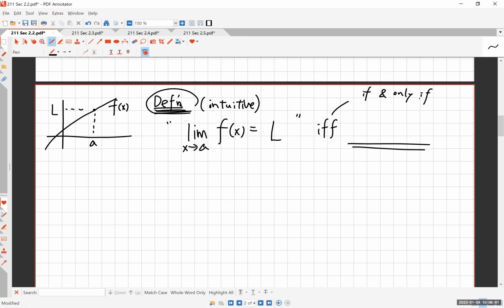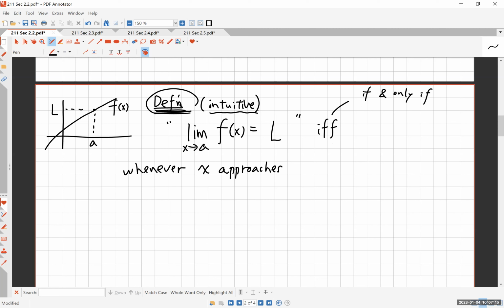All right, so the limit of f as x approaches a is L if and only if, whenever x approaches a, now this is going to be really wordy because it's an intuitive definition and we are using the English language to describe what could be very concisely written in mathematics, which I will do later. So the limit is L if and only if the following is true.